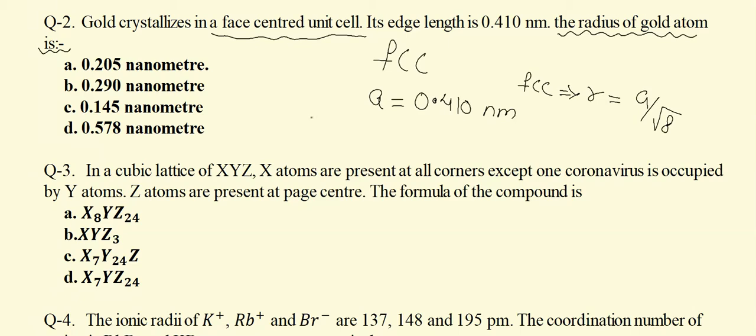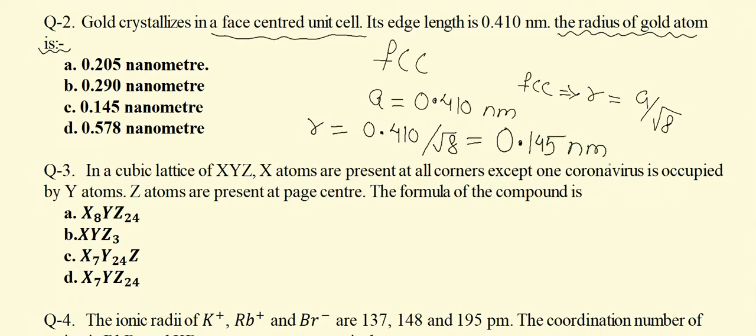So the radius of the gold atom will become 0.410 divided by root 8, which on calculation comes out to be 0.145 nanometers.